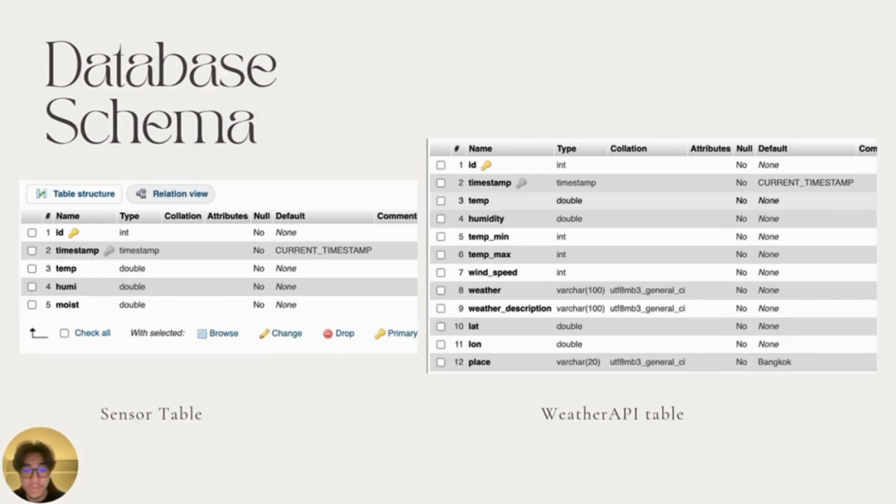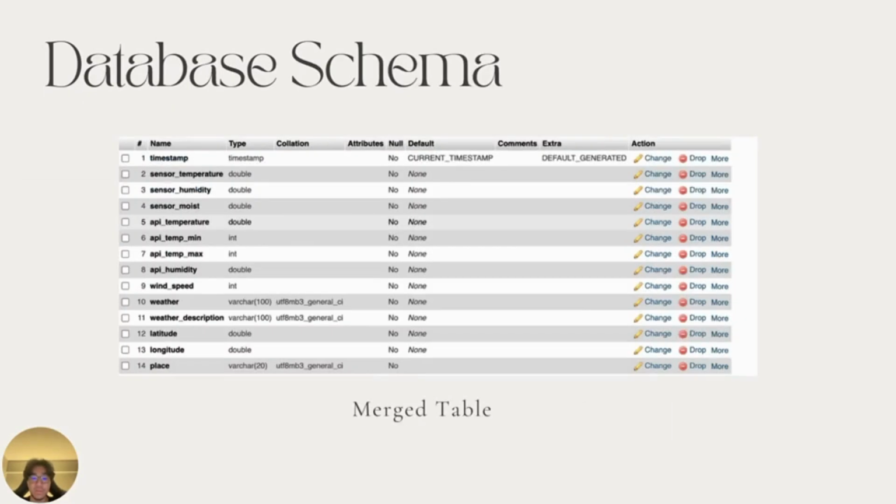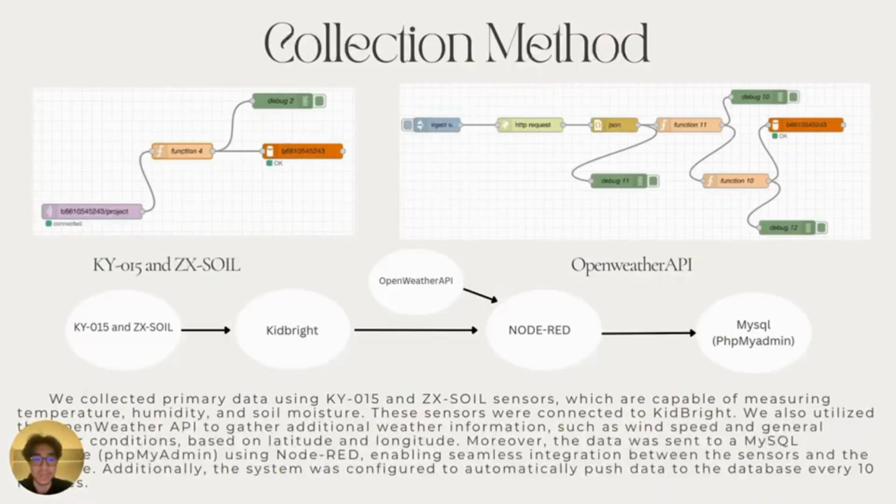And on the right, we collect from the API, which contains the weather information like the temperature, humidity, wind speed, and weather description, and also the place that we collect based on the latitude and longitude. And when we merge them, we will get this.